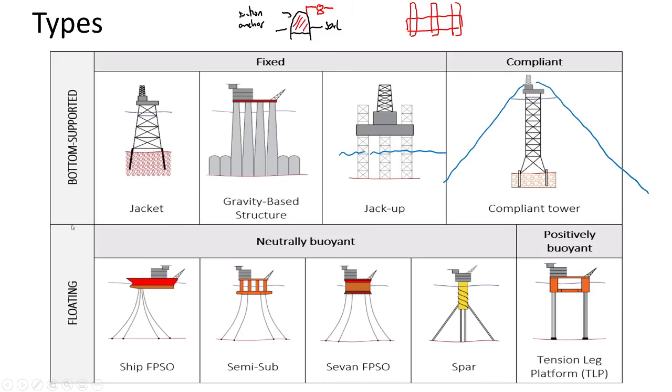Okay, then on the other category, you have floating, and then you have those that are neutrally buoyant, simply that they float by themselves. There is no effect of, so it's simply they are floating. And in this case, you have the ship FPSO. FPSO we have talked about before, it stands for floating production, storage and offloading.